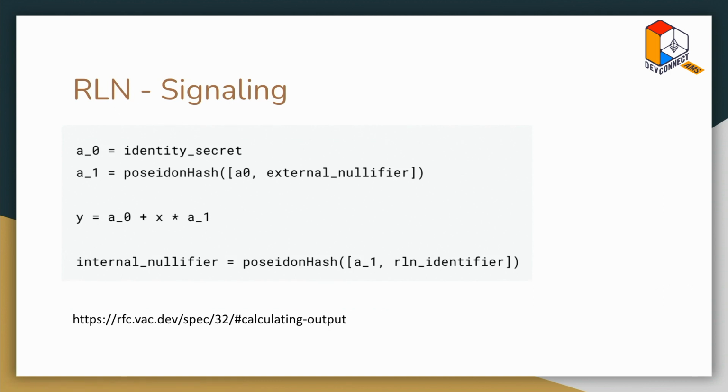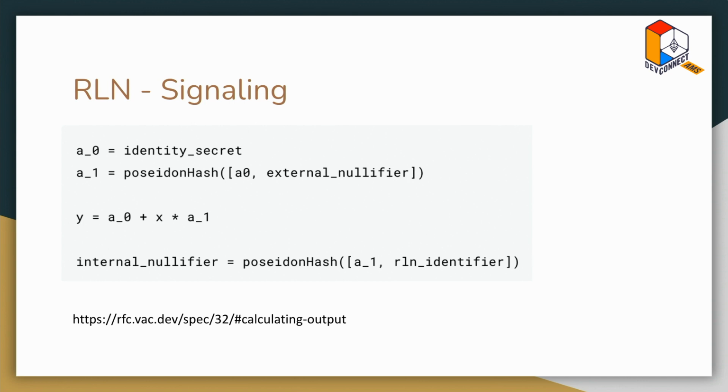And here is how we construct this linear equation. A0 is the identity secret, and then we construct the A1 coefficient, and additionally the internal nullifier.